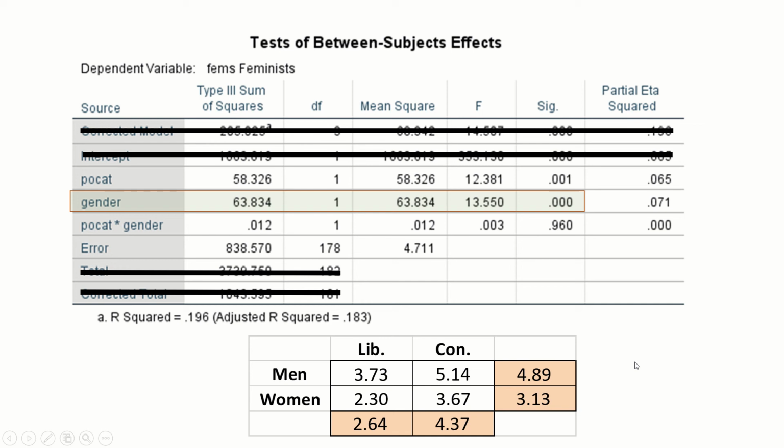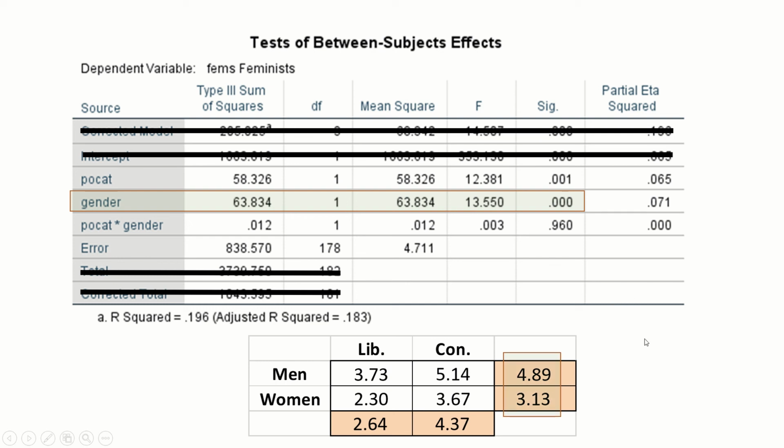And now, will there be an interaction between political orientation and gender? That is, will the difference between liberals and conservatives replicate for both men and women? And we're also interested to see if the overall gender difference, men reporting more anti-feminist prejudice than women, will replicate for both liberals and conservatives.